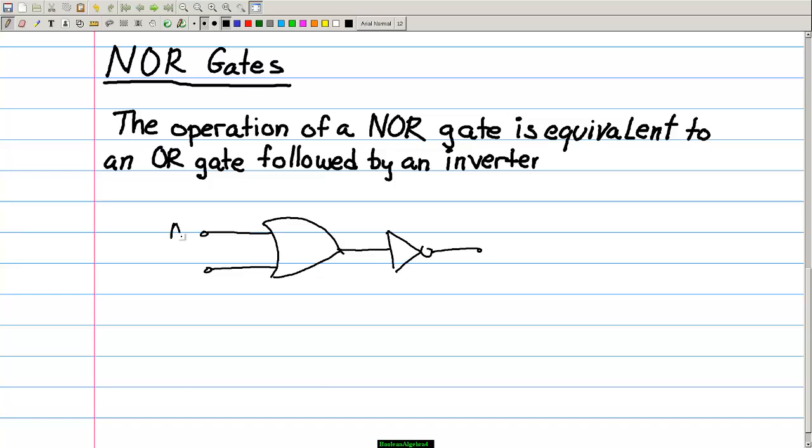So if this was A and B on the input, and this was X, the Boolean expression for X would be A or B, NOT. And notice that the bar goes over both A and B. So essentially, a NOR gate is equivalent to an OR gate followed by an inverter.